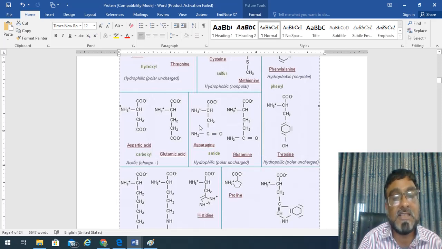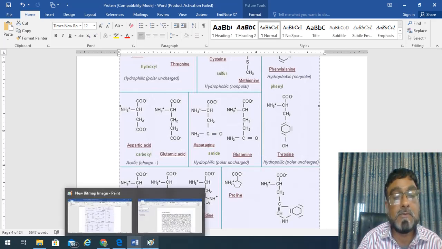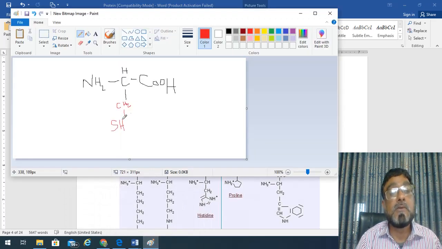And you know that the acid behavior is due to the presence of the carboxylic acid. So these two amino acids will be containing an extra carboxylic acid in them, right? So we will be adding an extra carboxylic acid at that point, CH2 and COOH.